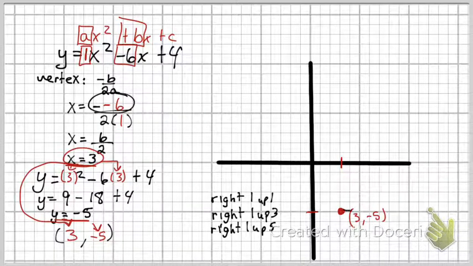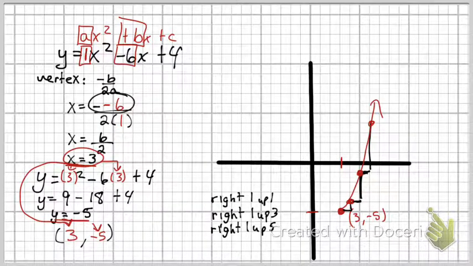So right 1, up 1 puts us at our next point. From there I would go right 1 more space and up 3 spaces, which gives me a second point. And from there I'm going to go right 1, up 5 spaces, which gives me another point. I can connect the dots and get a nice smooth parabola.